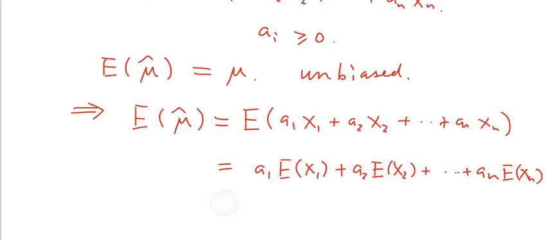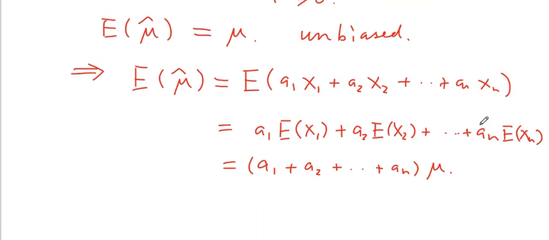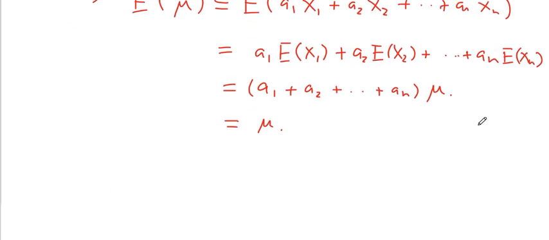So this is just a1 plus a2 plus up to an, times mu. For this to equal mu, we have a requirement: a1 plus a2 plus up to an equals 1, right? This is the first requirement, the unbiased requirement.